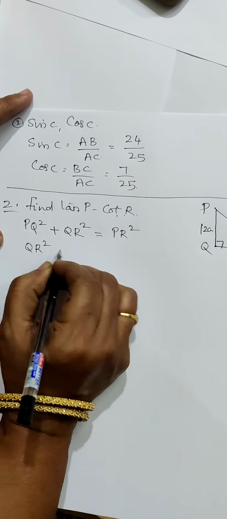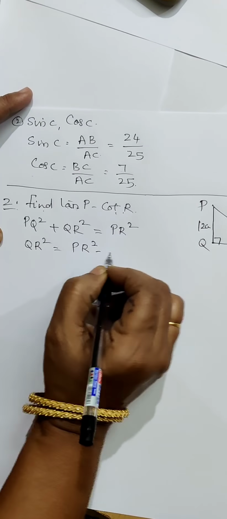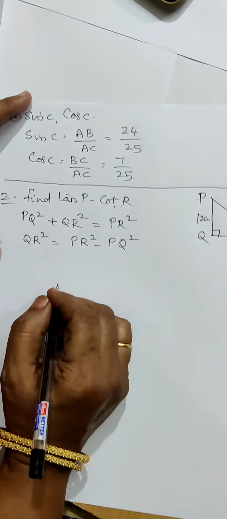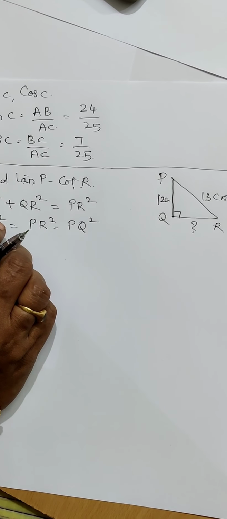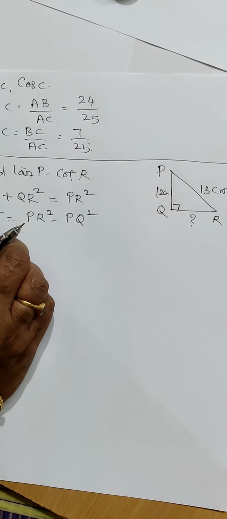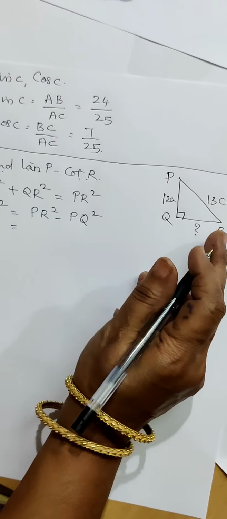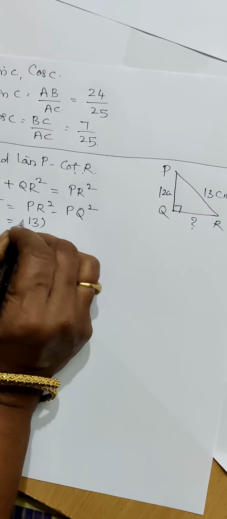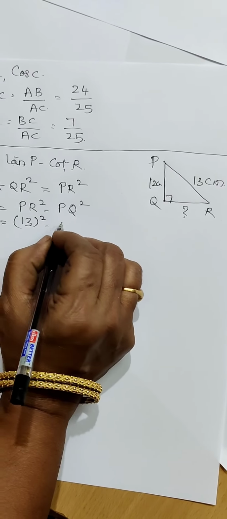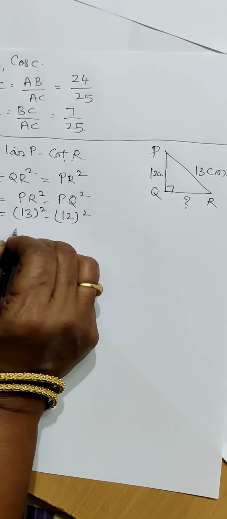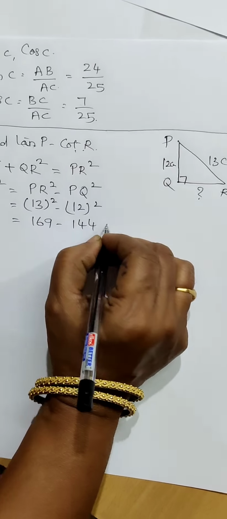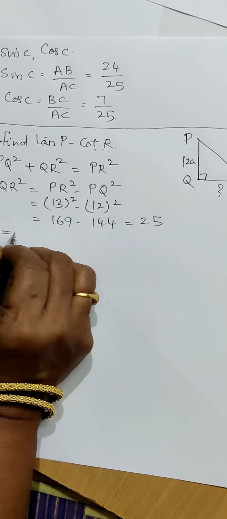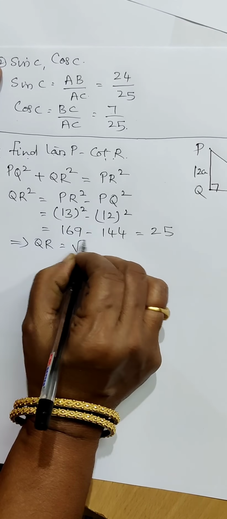So QR square is equal to PR square minus PQ square. PR square means 13 square minus 12 square. 13 square means 169 minus 144 is equal to 25. So this implies QR is equal to root of 25 is equal to 5.